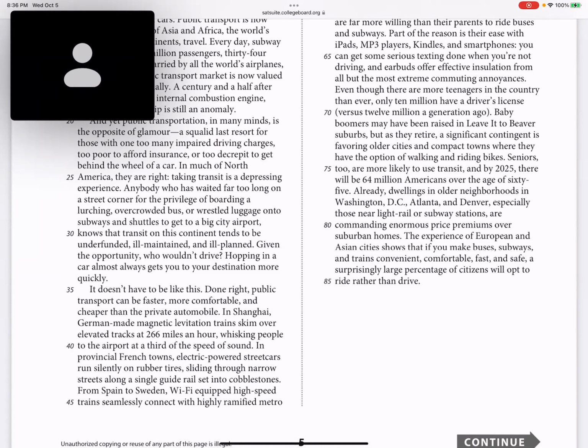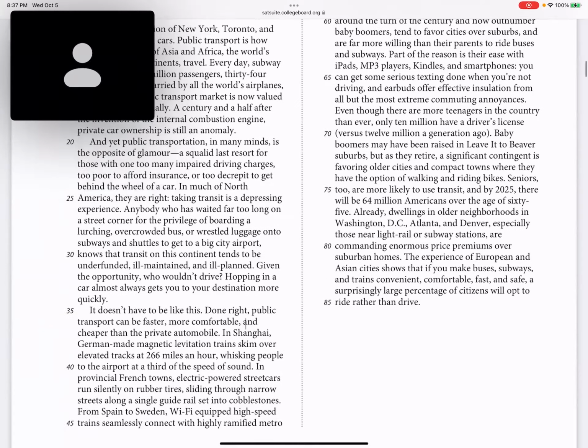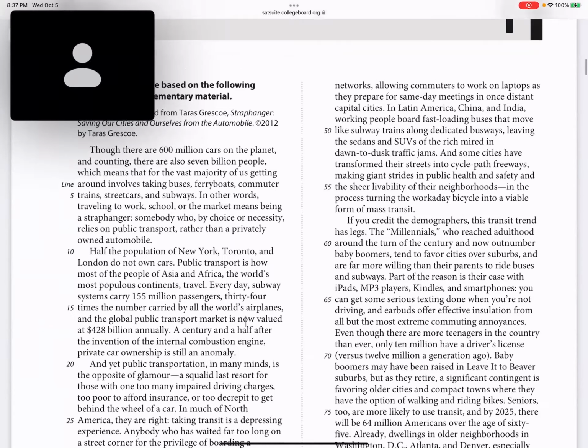Yeah, it is essentially countering it, right? It's giving a bunch of evidence, saying how, look, when done correctly, this is something that really does work in some places.